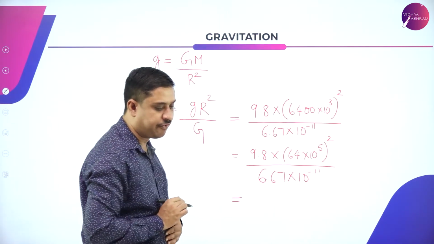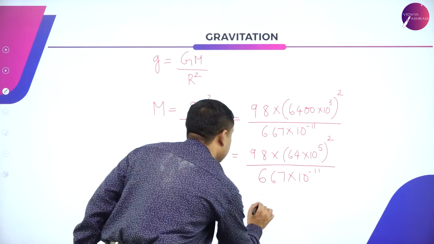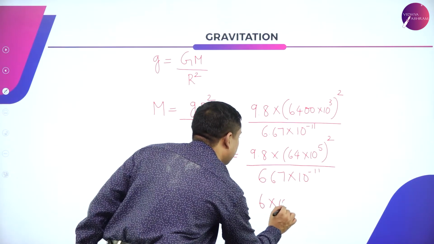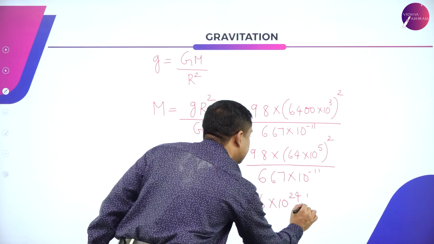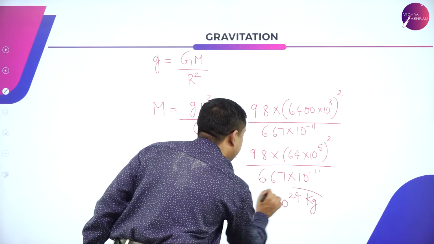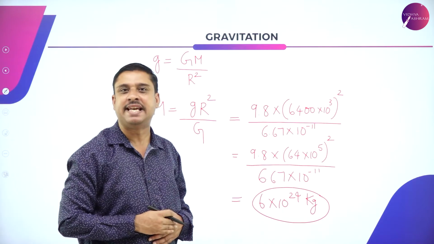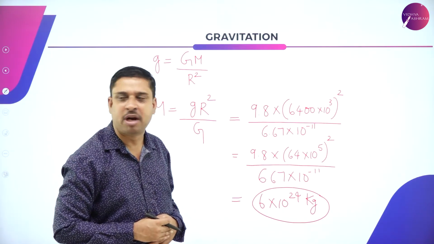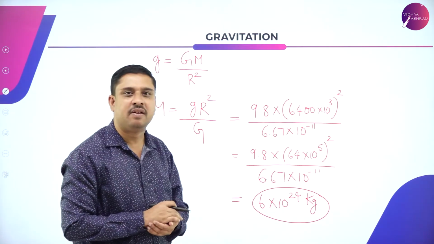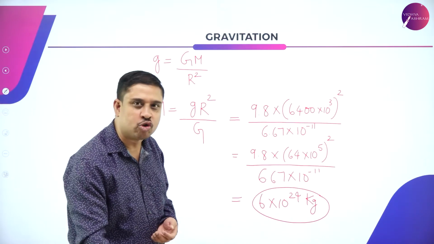On simplification, the mass of the earth turns out to be 6 into 10 to the power 24 kg. See, children, how simple we are arriving at the solutions.